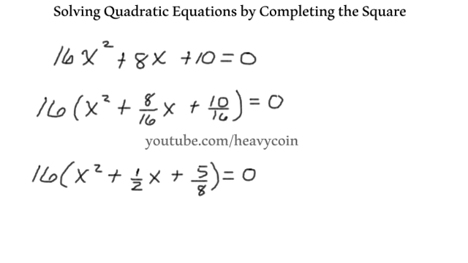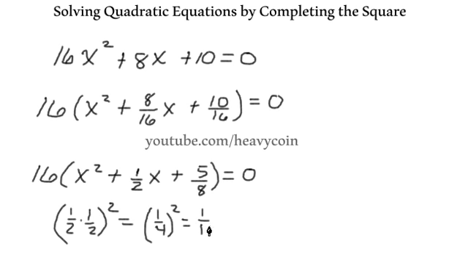Alright, so we take a half, we multiply it by this number here, which is a half, and then of course we square it. So this is 1/4, and then squared becomes 1/16. Right.